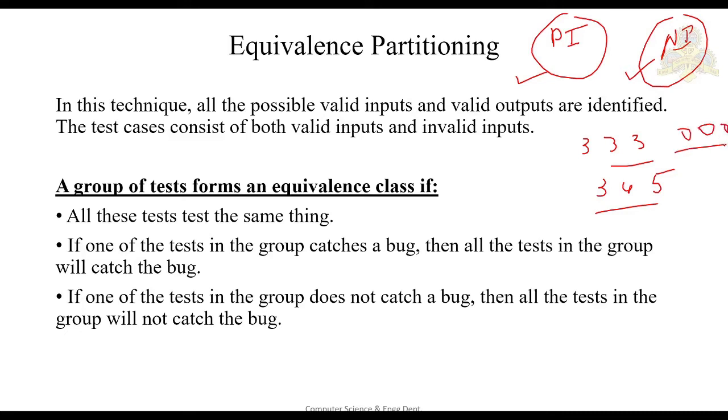So any numbers which come in this group become one class, and anything that comes in the other group is called another equivalence class. Or say you have another input 3 1 8, again this does not form a triangle. So all of these become your test cases.